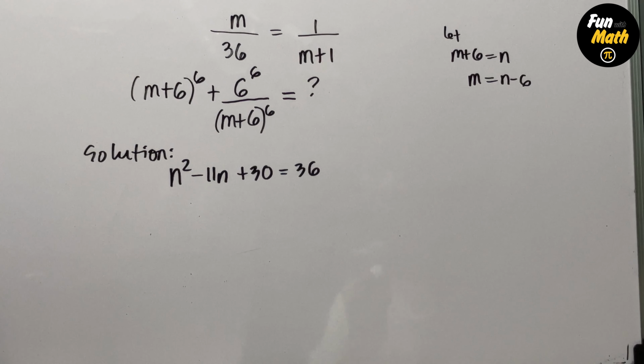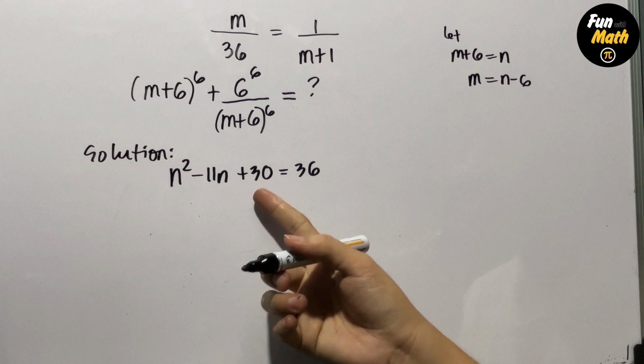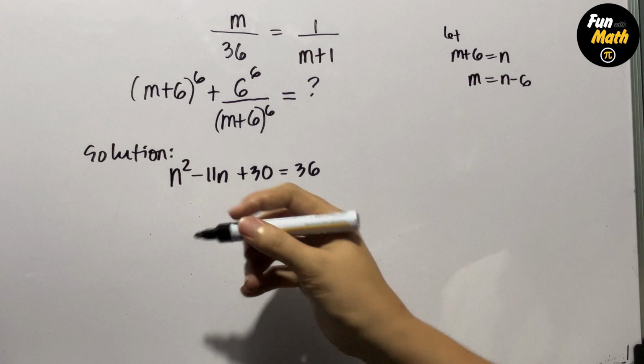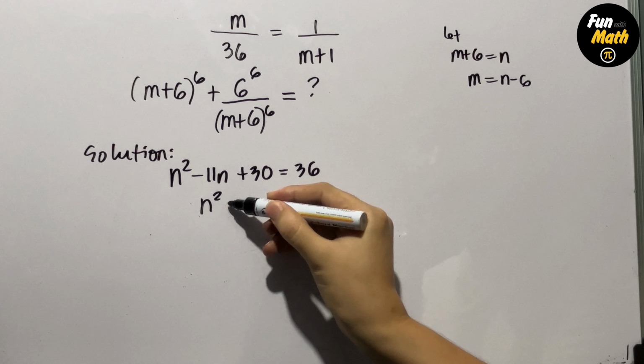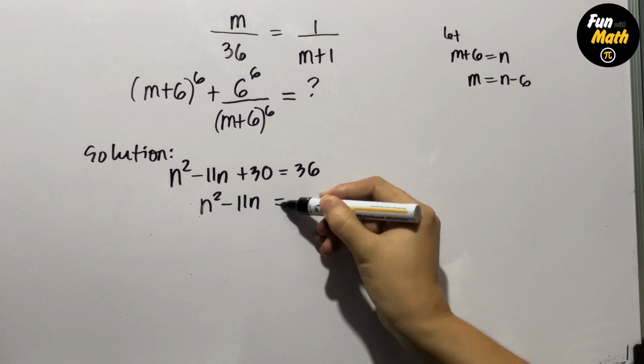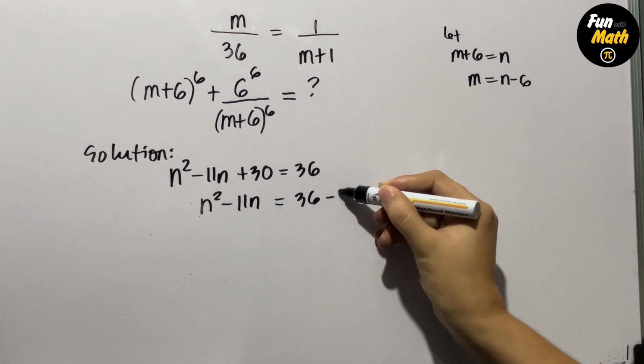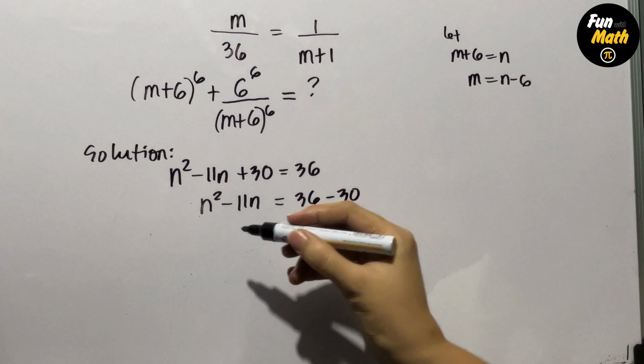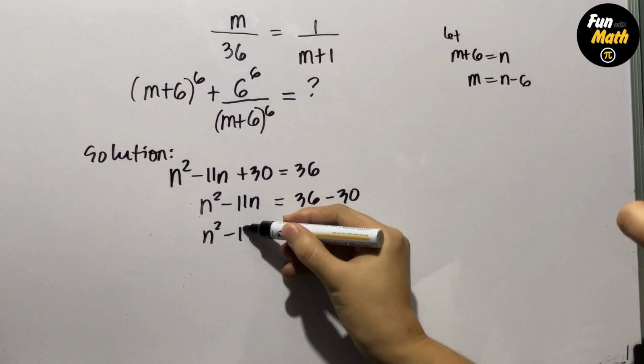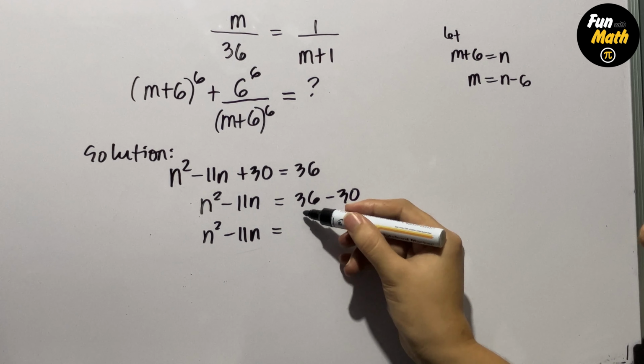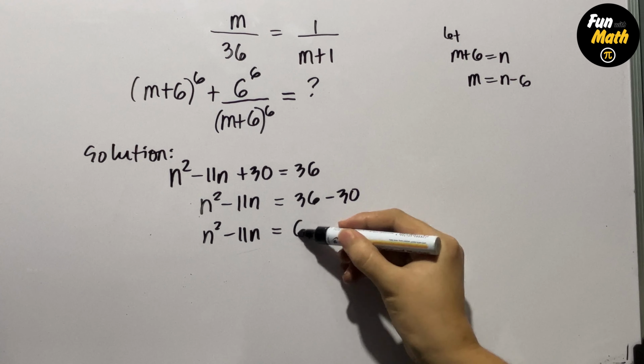Now to continue, we can take positive 30 to the other side. So this is now n squared minus 11n equals 36 minus 30, that is 6.